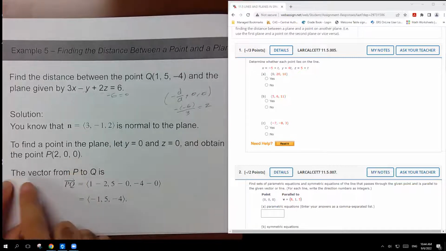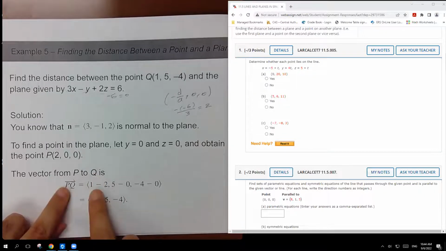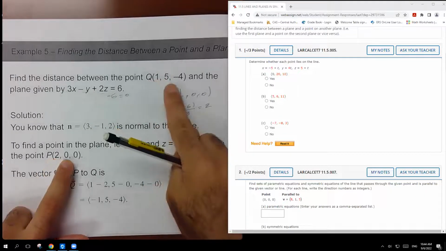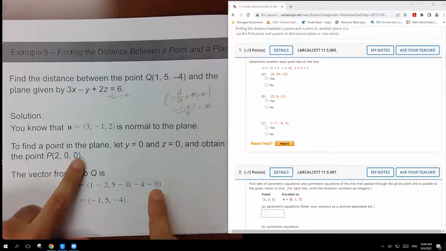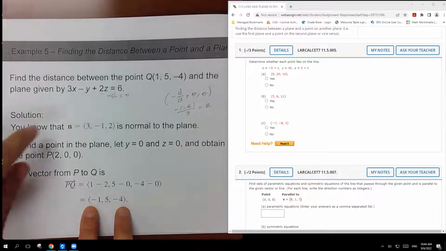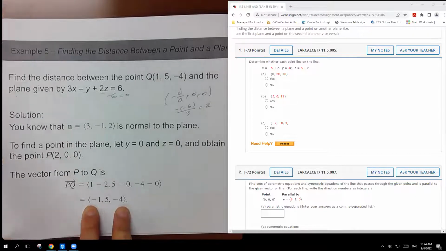Now, the vector from P to Q is going to be, here's Q, 1 minus 2, 5 minus 0, negative 4 minus 0. Here is the P. So now we have a vector PQ and we have a normal vector. To find the distance, we're just going to use the projection rule.